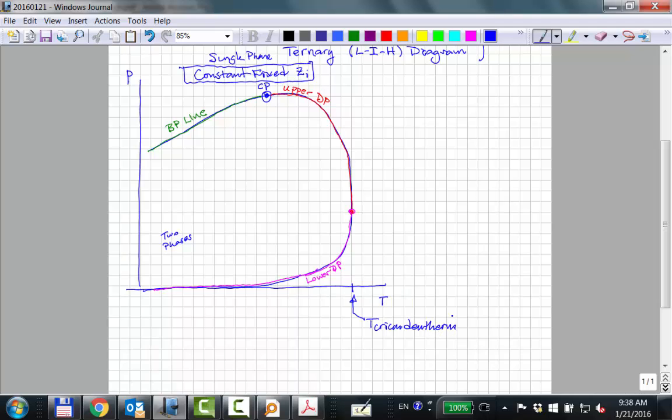Outside, at any temperature higher than that, it's single phase, no matter what the pressure. This temperature here is what we call the critical temperature of the mixture, Zi.